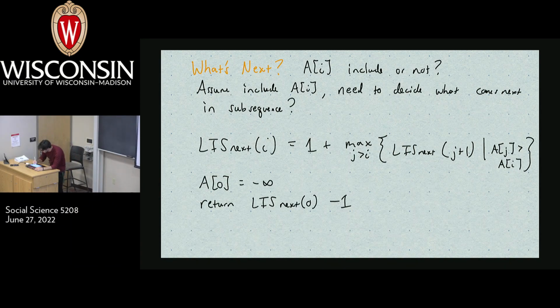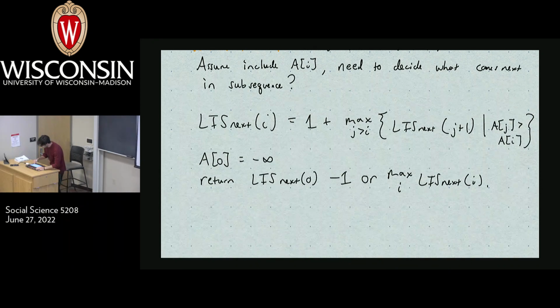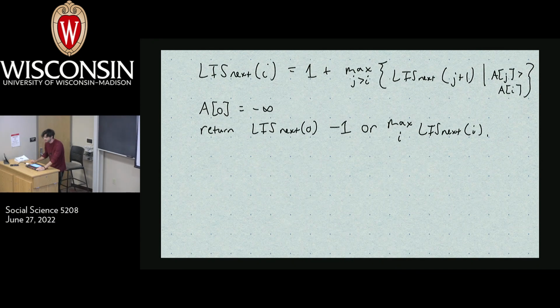Alternatively, you can just return the max over all i of LIS_next. That also works, whichever one you prefer. Okay? So that's the full algorithm. That's the specification. Now let's do the DP stuff.